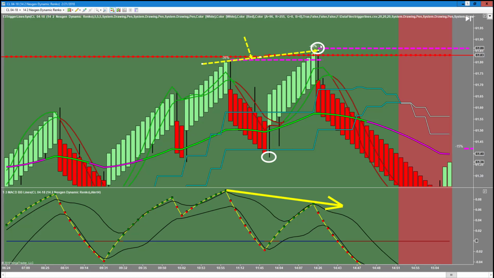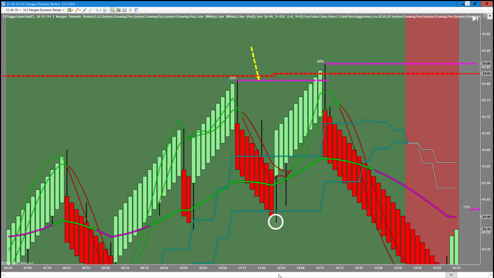And again, it's kind of a measurement, if you will, of the difference between how much percent retracement was here versus how much was here. So you don't have to really know much about the indicator itself. What you really need to know is what to do with the indicator that's on your chart.